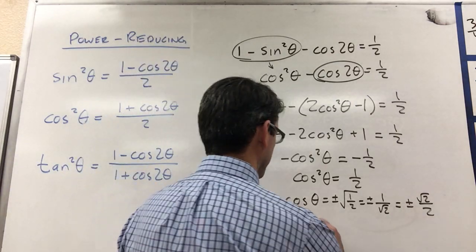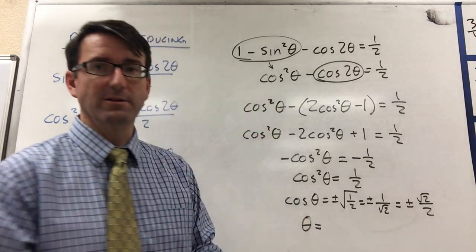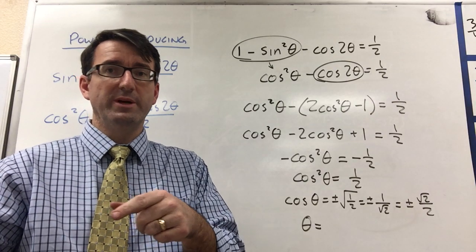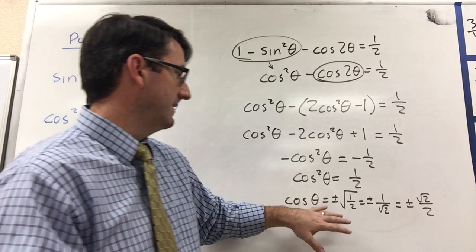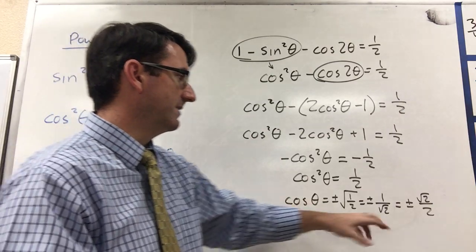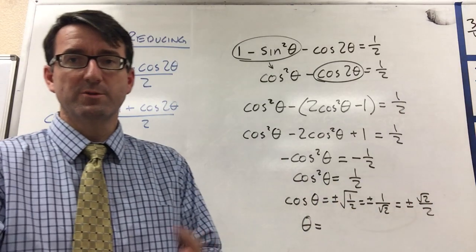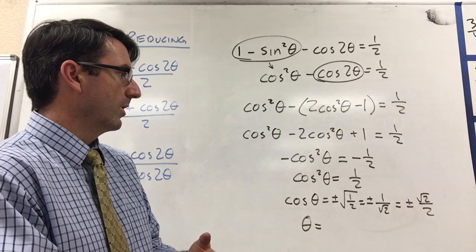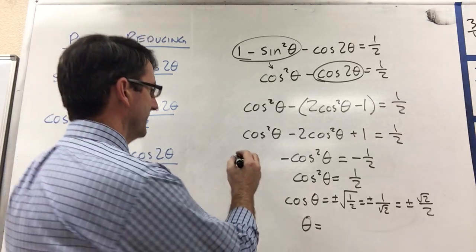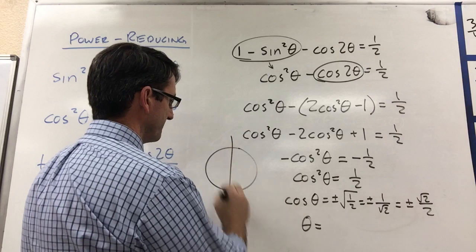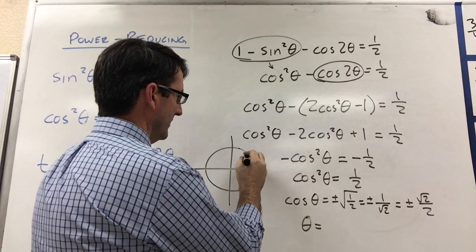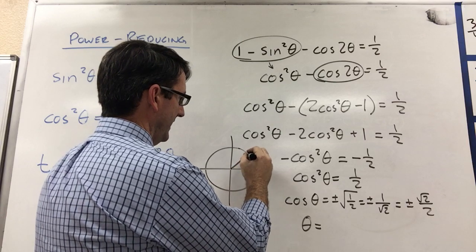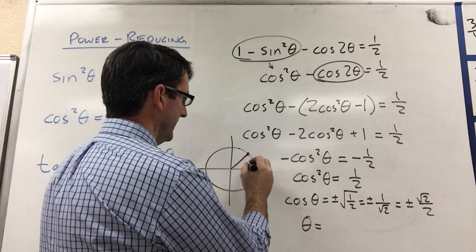So theta is going to be any angle, and again we're between 0 and 2 pi, for which the cosine of that angle is going to give us either square root of 2 over 2 or negative square root of 2 over 2. And if we look on our unit circle, you can see that cosine is going to be square root of 2 over 2 here at pi over 4.